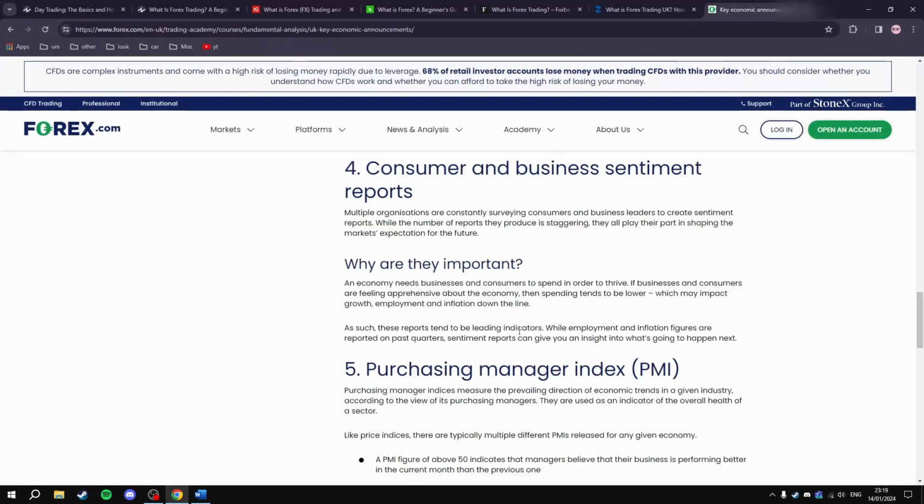Whilst the number of reports they produce is staggering, they all play their part in shaping the market's expectations for the future.